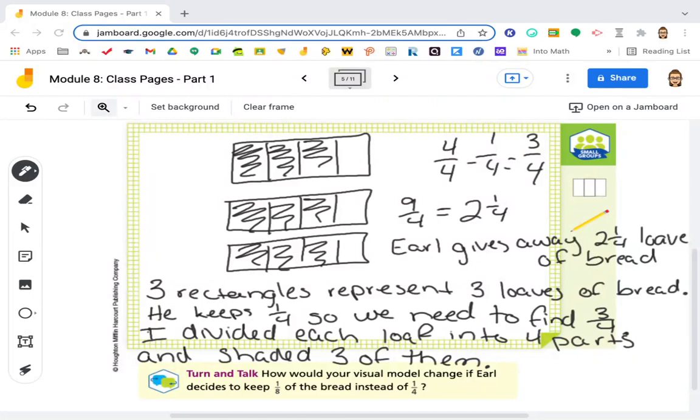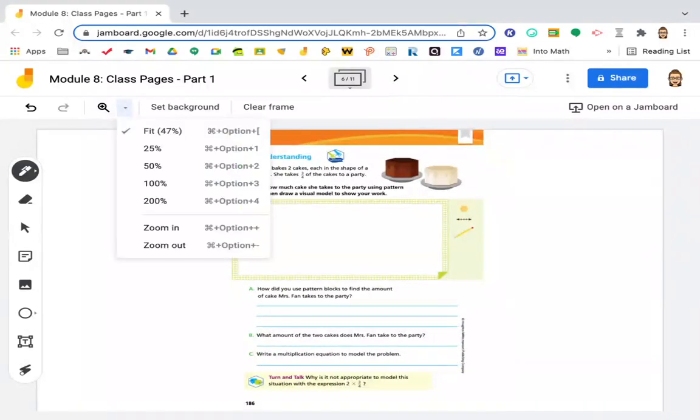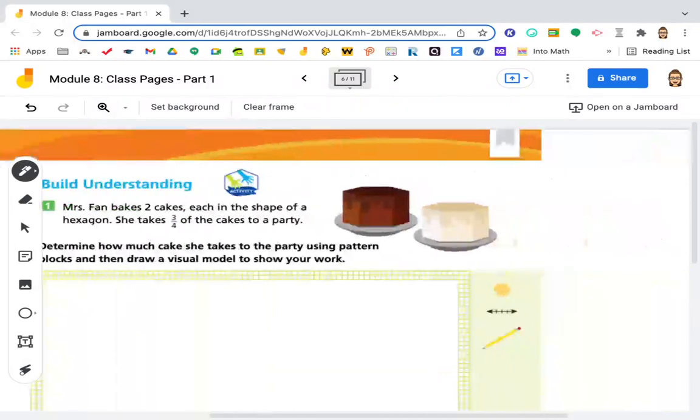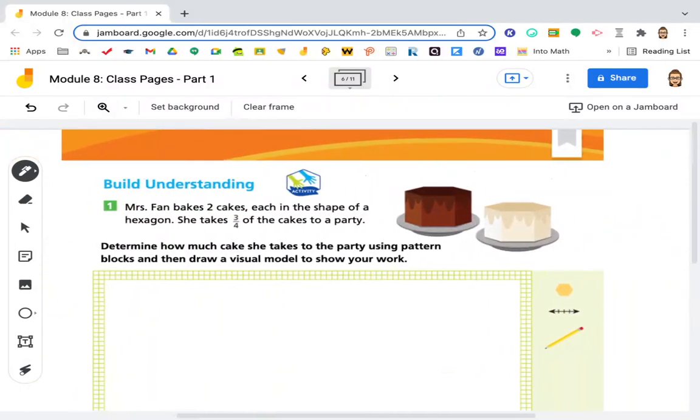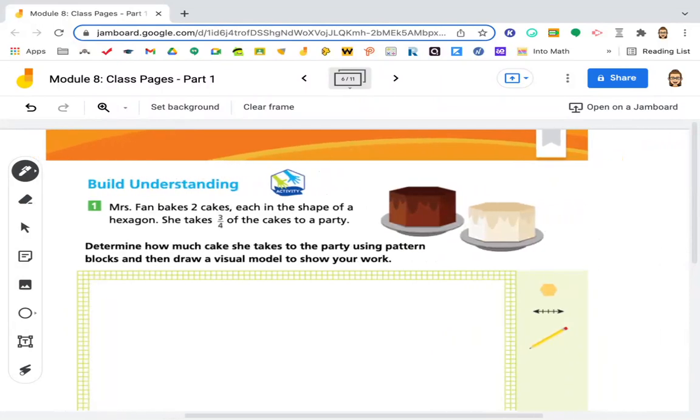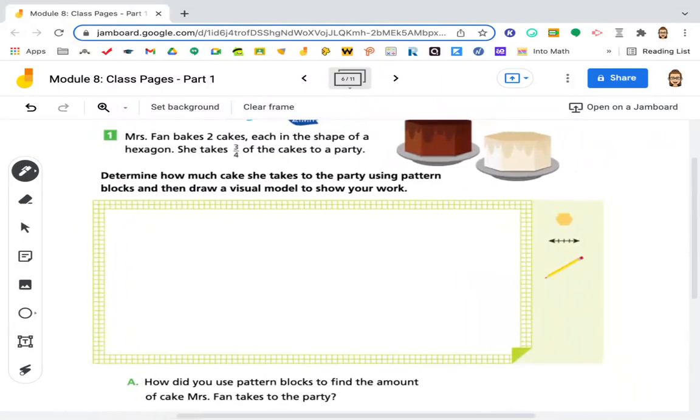Then we're going to move on to the next page. Mrs. Fan bakes 2 cakes, each in the shape of a hexagon. She takes 3/4 of the cakes to a party. Determine how much cake she takes to the party using pattern blocks, and then draw a visual model to show your work. So we will use the hexagon shape. I'm going to do my best to draw a hexagon here.